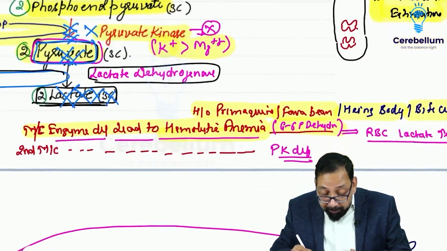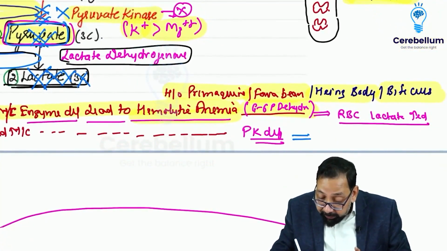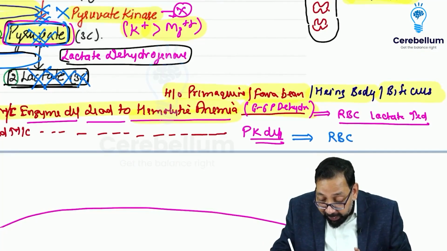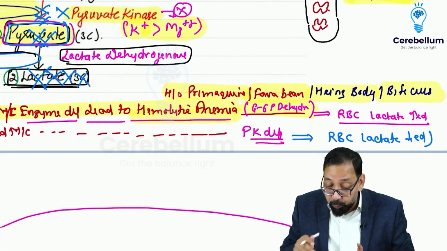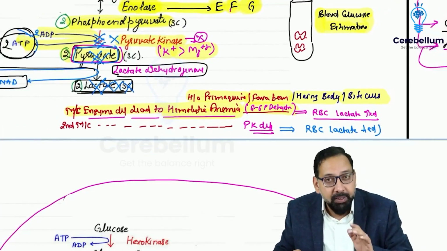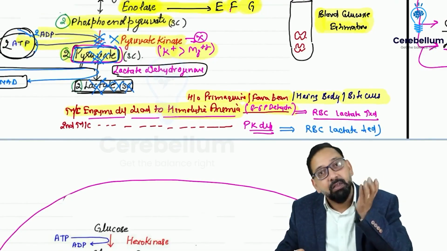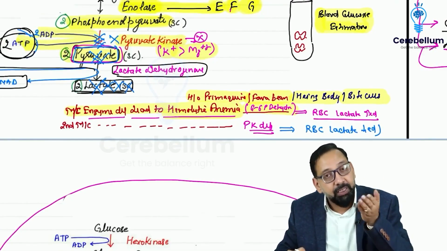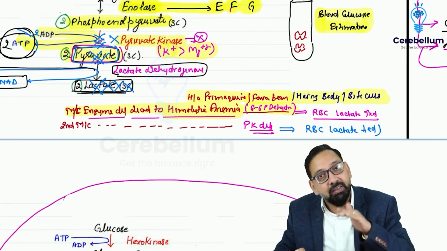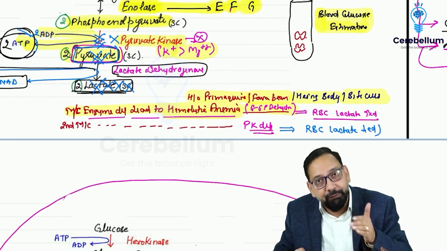So in RBC, in pyruvate kinase deficiency, the lactate level would be low. If a question gives a clinical scenario of hemolytic anemia and says lactate is increased, the answer is G6PD deficiency. If they say lactate is decreased, the answer is pyruvate kinase deficiency.